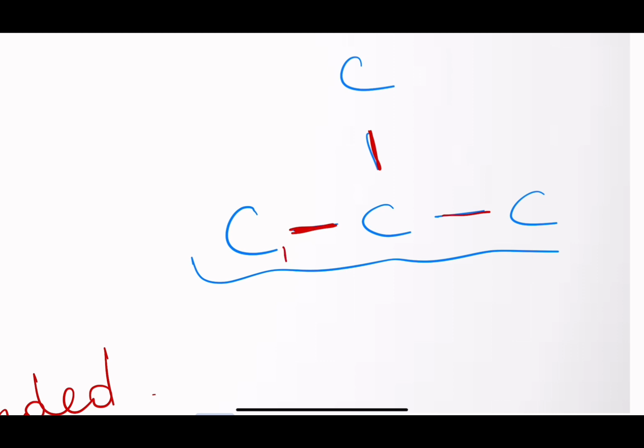So look at this carbon 1, for example. We have only 1 bond, so it means I need 3 more bonds, because I do not draw hydrogen in the skeleton.